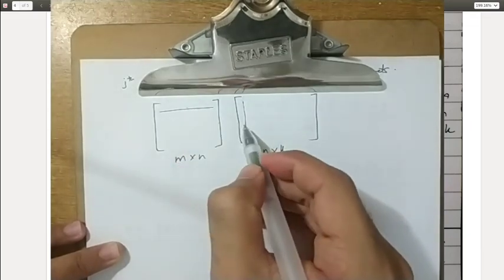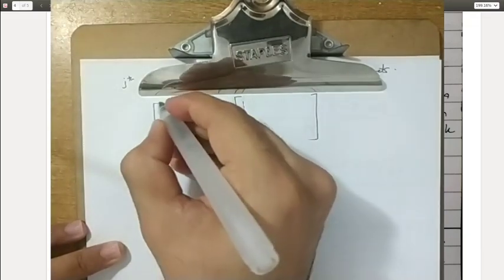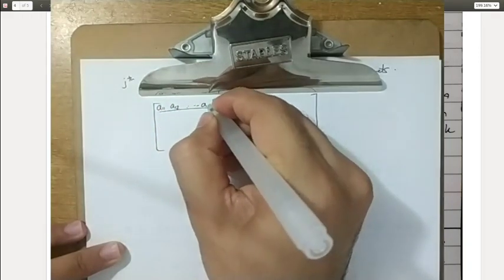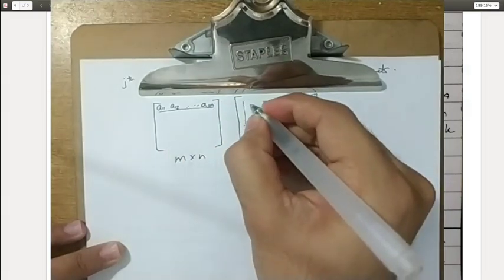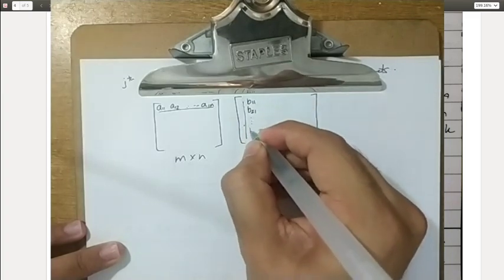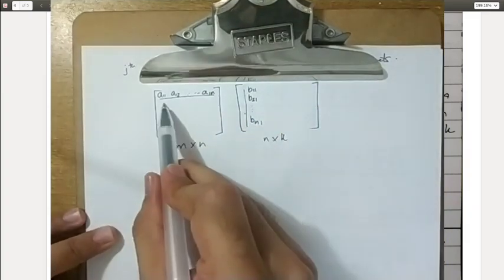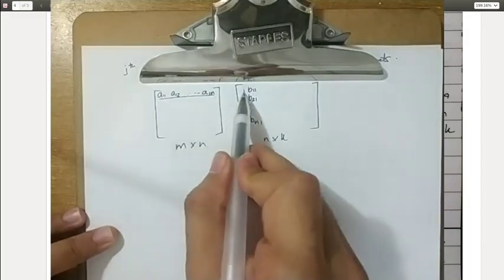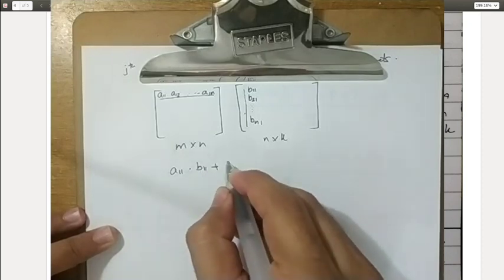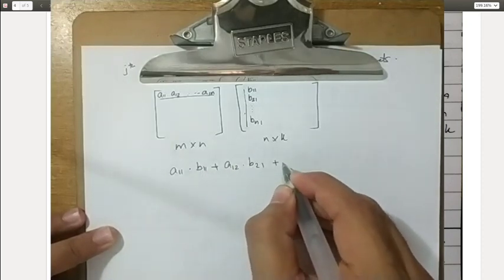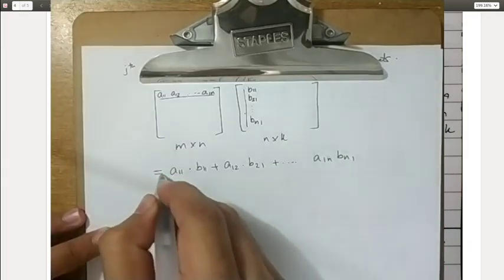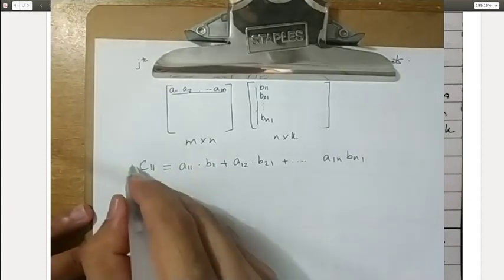So row into column is something that is being done. So if this was A11 and A12 up until A1n, and let's suppose this was B11, B21 up until Bn1, what you're going to do is multiply this with this and add them up. So you will get A11 times B11 plus A12 times B21 plus up until A1n times Bn1, and this will give you the element C11.